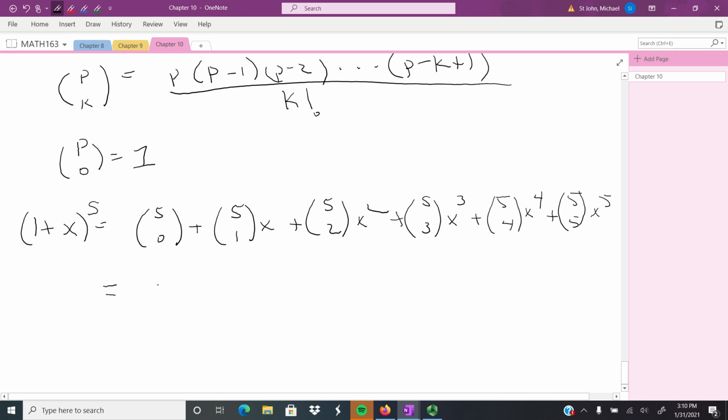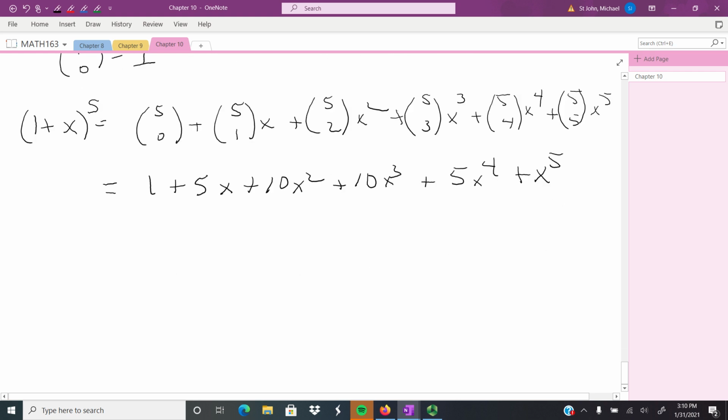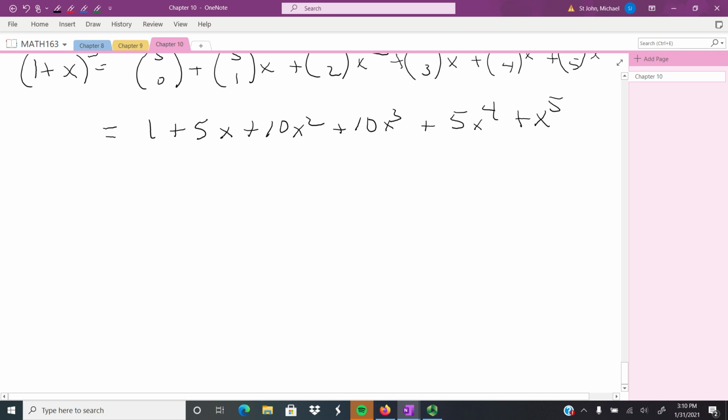And if you were to do this out, this would be 1 + 5x + 10x² + 10x³ + 5x⁴ + x⁵. So, binomial coefficients.